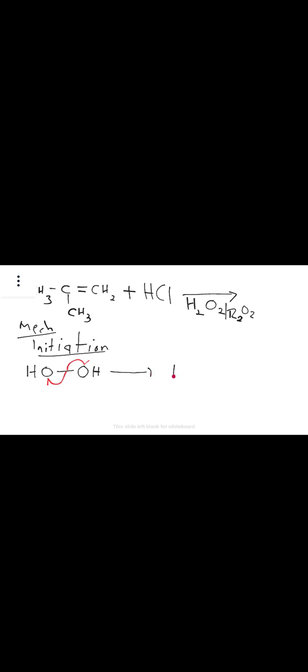Now we form the peroxide radical. Remember, the electron is not on hydrogen but on oxygen, because it was oxygen having that covalent bond. So please know where you're putting that radical. And because there are two, we put a 2 there.